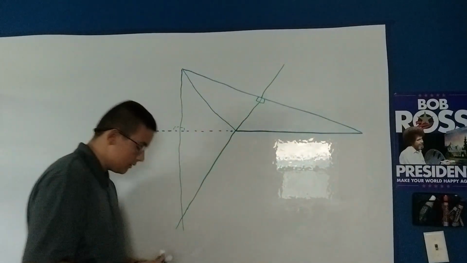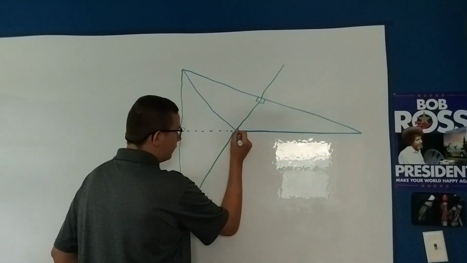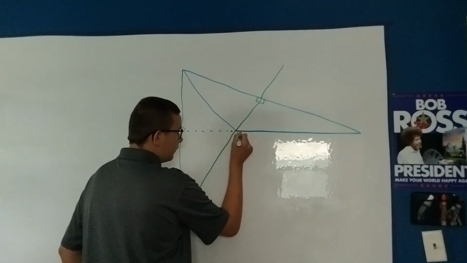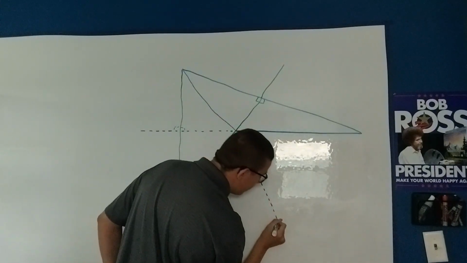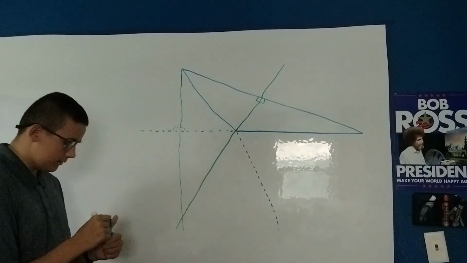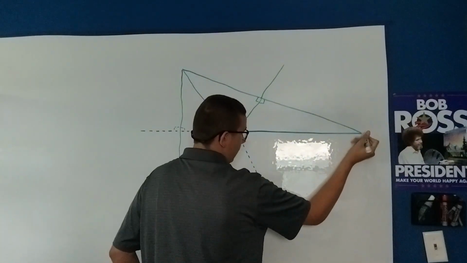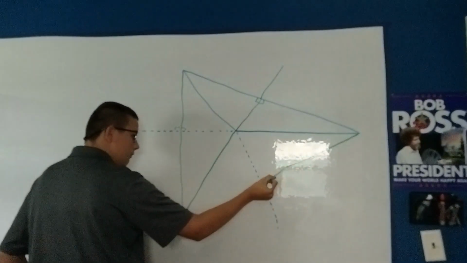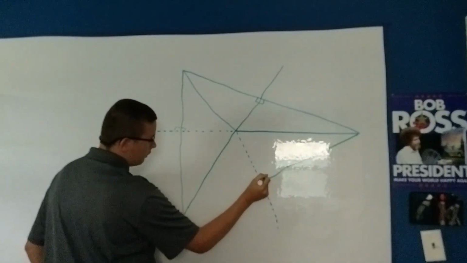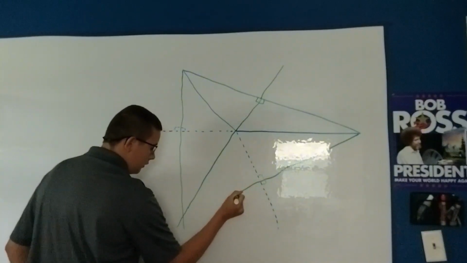It wouldn't be perpendicular. So you have to imagine that this is extended way out like this. Then you can take your line to cross this perpendicular, like that.